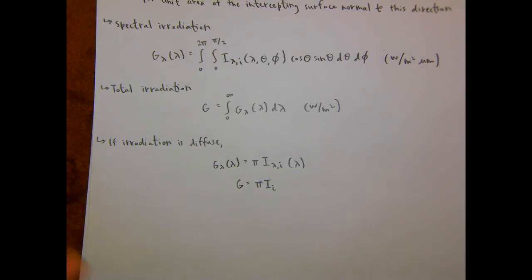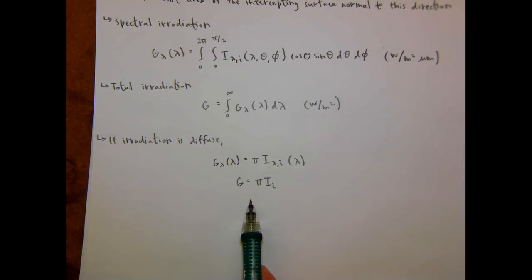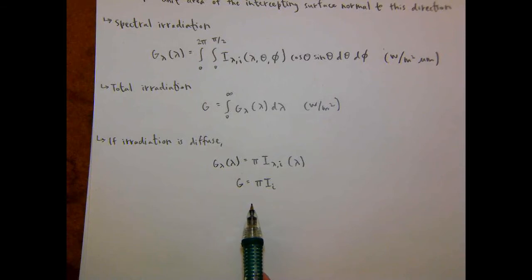Okay, questions about anything so far? I believe, I would have to go back through the math, but I think that this is pi instead of 2 pi because it's based on the surface area, the actual emitted or received surface area, rather than the surface area perpendicular to the direction of emission or reception.